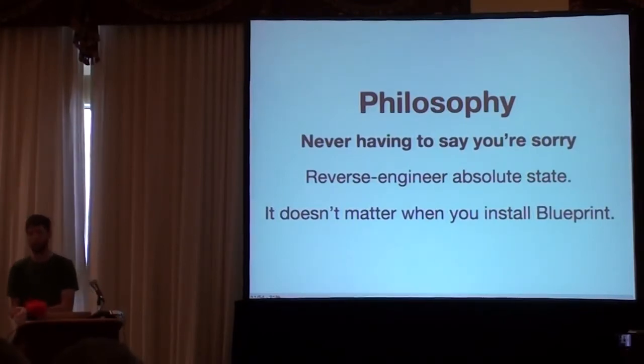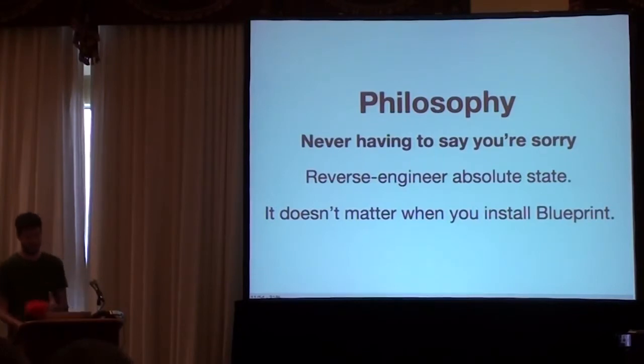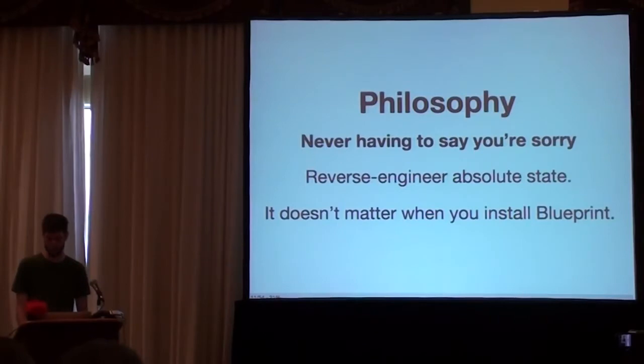Because the way Blueprint works is it's taking an absolute look at the state of the system, not a diff between what it is now and what it was last month. So no matter what you've done and no matter what order you've done it in, we can find out exactly how a server works and reduce it to the minimal state that's necessary to bring it back on another server to do the same thing.